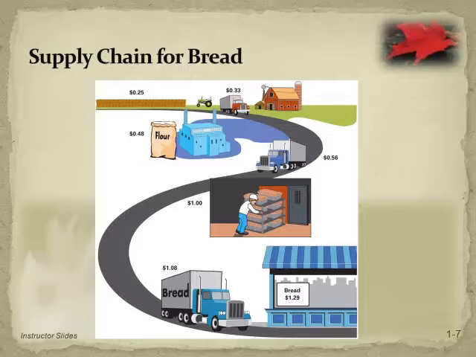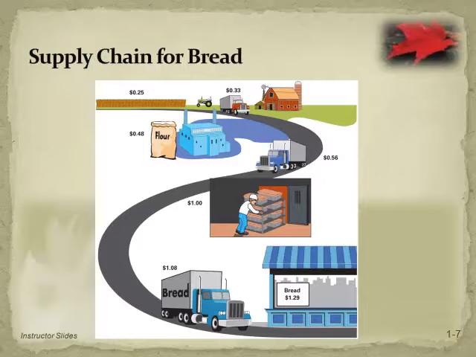The wheat will then be delivered to the flour mill, which is going to transform the wheat into flour. The flour is going to be delivered to the baker, who is going to take the flour along with other ingredients, yeast and water, as well as other things, and bake the loaves of bread. And finally, the loaves of bread, after coming out of the baker's oven, are going to be delivered to the grocery store where you or I, as the final customer, will purchase it.